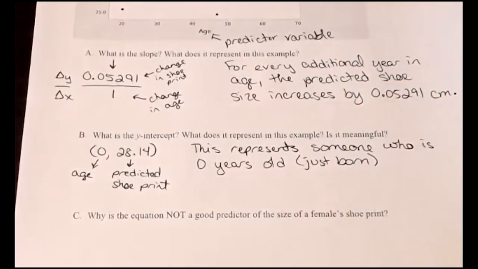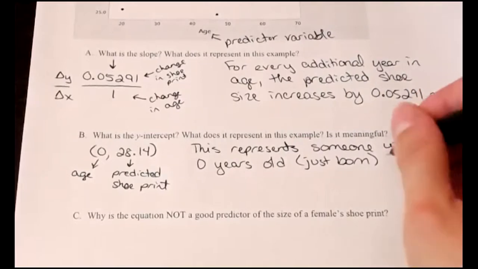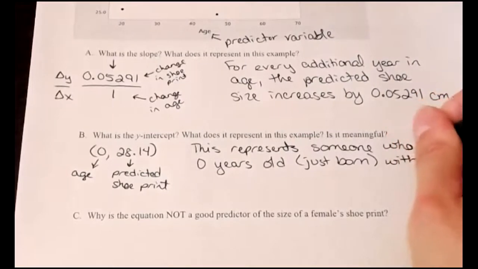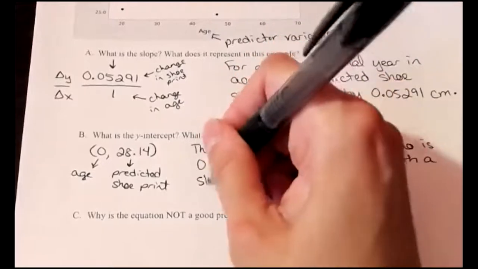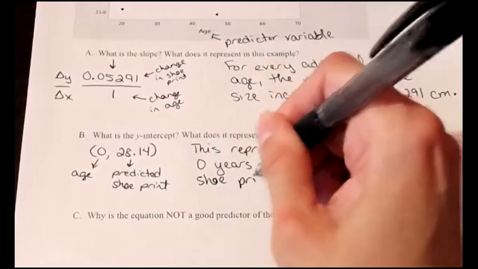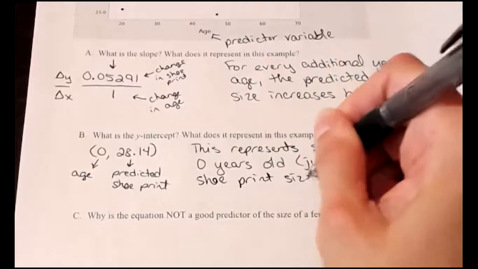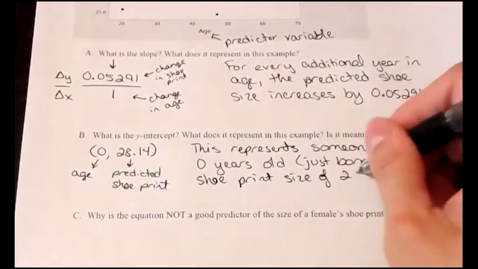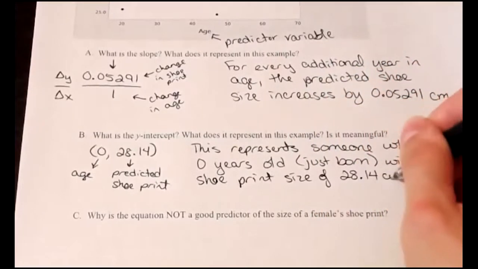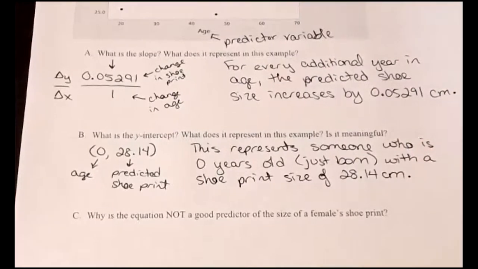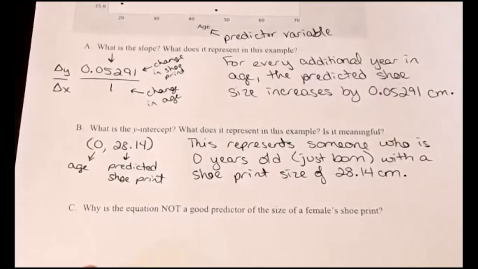So this represents someone who is 0 years old or just born with a shoe print size of 28.14 centimeters. We're going to say this is not meaningful.